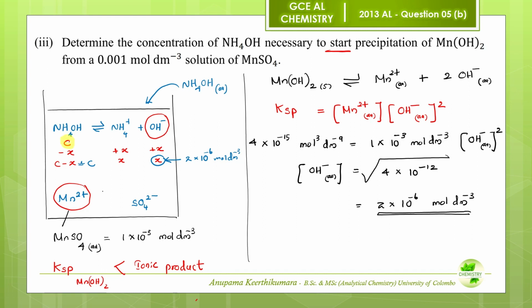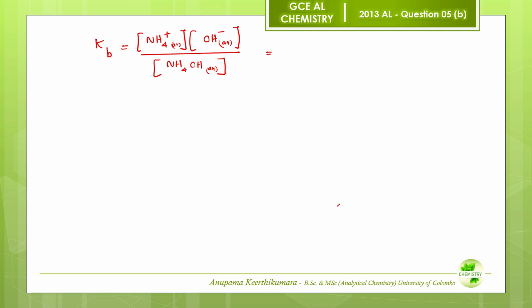We need to calculate this concentration of ammonium hydroxide using the concentration of OH minus ions. For that, we can use the Kb expression of ammonium hydroxide. Kb equals ammonium ion concentration times OH minus ion concentration divided by ammonium hydroxide concentration. During question number 2, we proved that hydroxide ion concentration and ammonium ion concentration are the same.